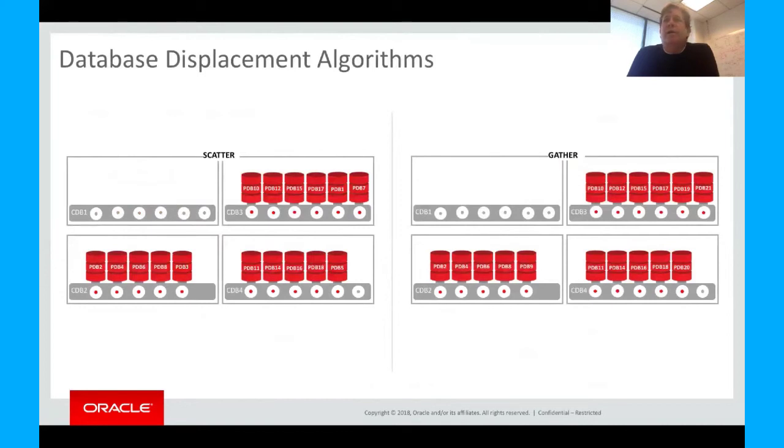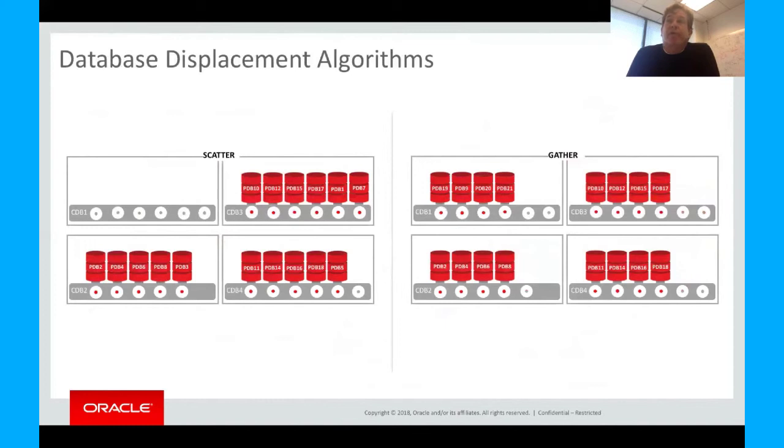We do a quick calculation in terms of where is the most intelligent place to put those PDBs, in terms of perhaps anti-affinity rules or preserving the CPU count required by that particular PDB. But we scatter them so that we can evacuate the environment and patch it.